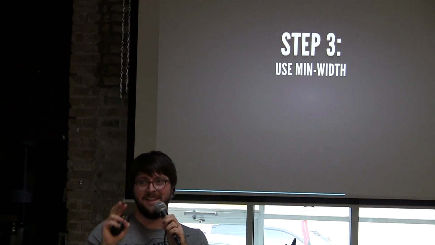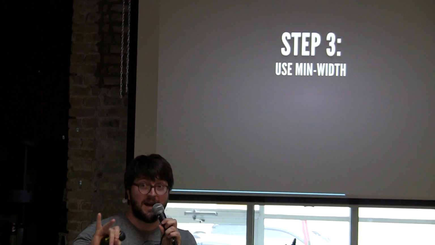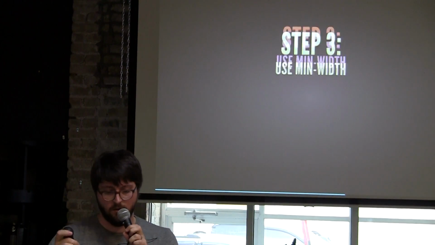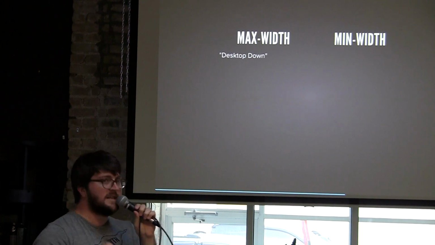Moving on, step 3. Use min width. There are 2 types of media queries. Well, there's like a billion, but there are 2 types that you're going to use a lot in responsive web design: min width and max width. Let's break this down. Max width is desktop down.